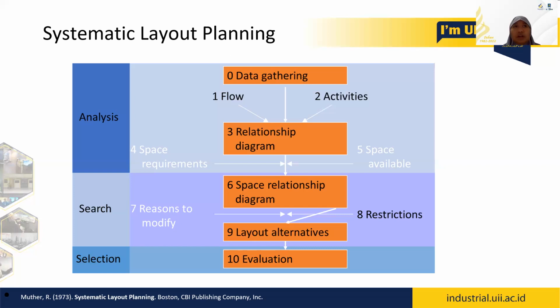And if we are talking about the existing facility, then we can check with the space availability, whether it's enough, whether there are actually spare rooms, or whether, if it's not enough, it is possible to expand, and so on and so on. Then from this relationship diagram, we will create the so-called space relationship diagram, where we can have a really rough design of our facility.